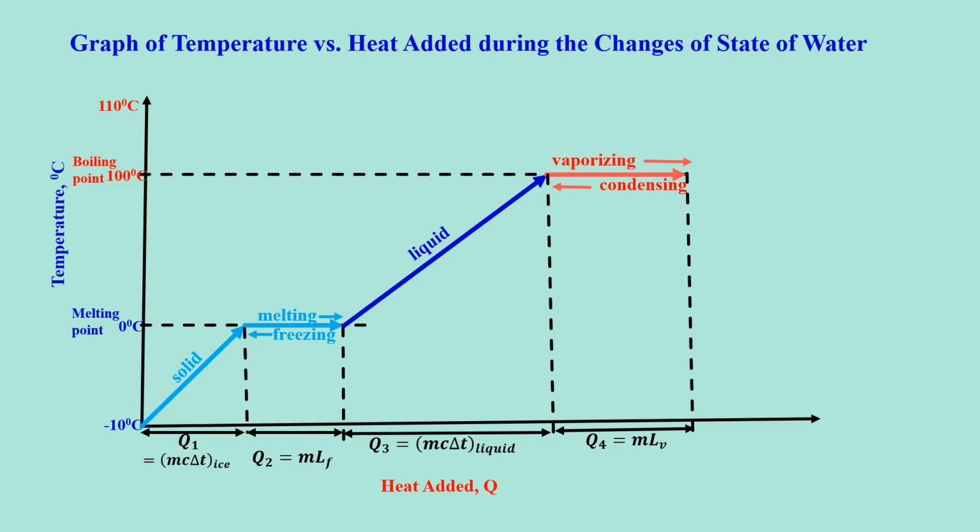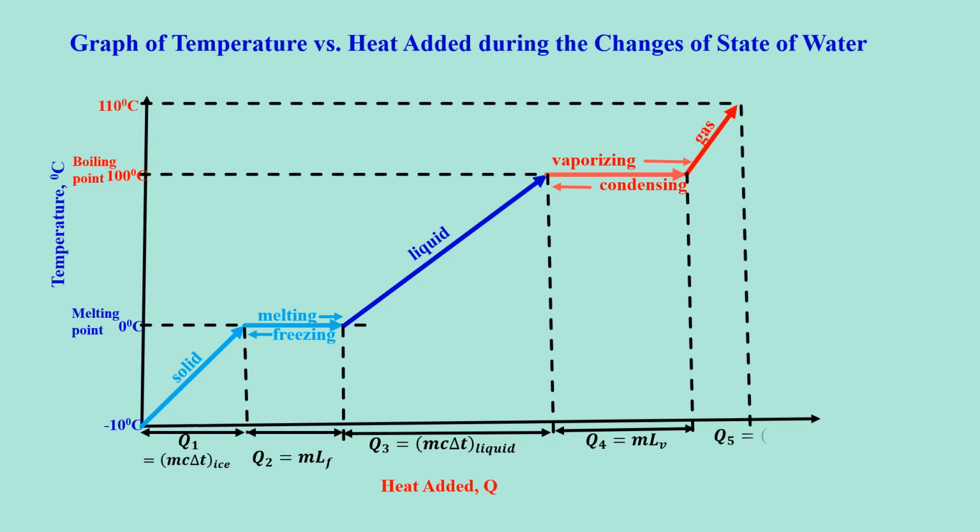Finally, when we bring gas from 100 degrees Celsius to 110 degrees Celsius, we need this amount of heat, Q sub 5 equals m c times delta T of gas.